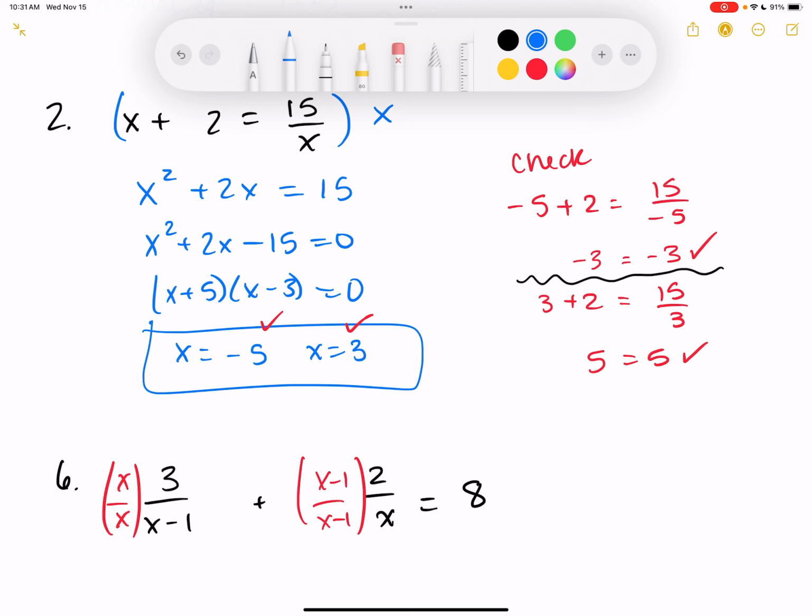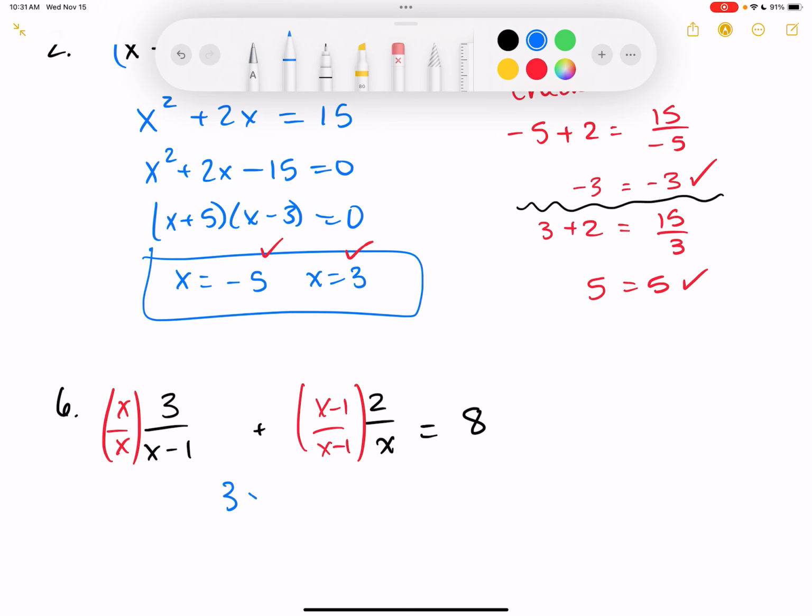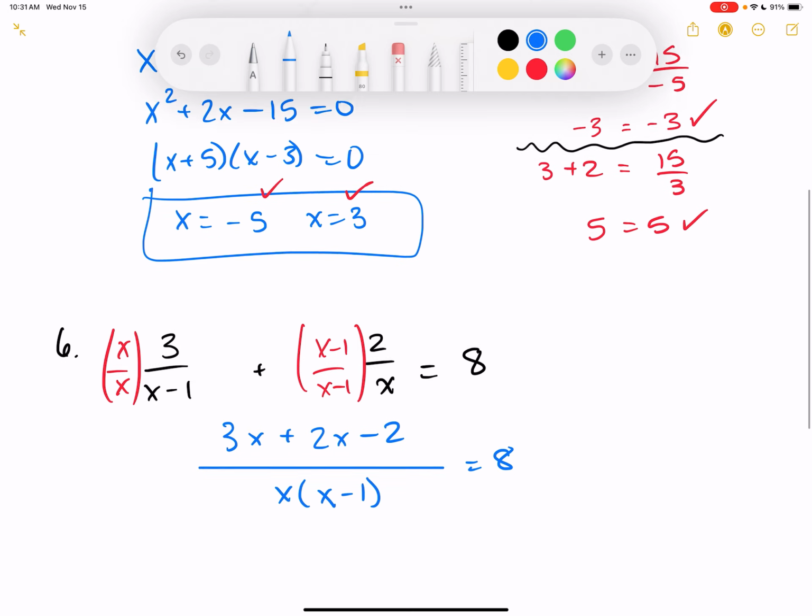So I've got 3x plus 2x minus 2 divided by x times x minus 1. So I'm going to multiply by the x times x minus 1 over here so I can get rid of the fraction.